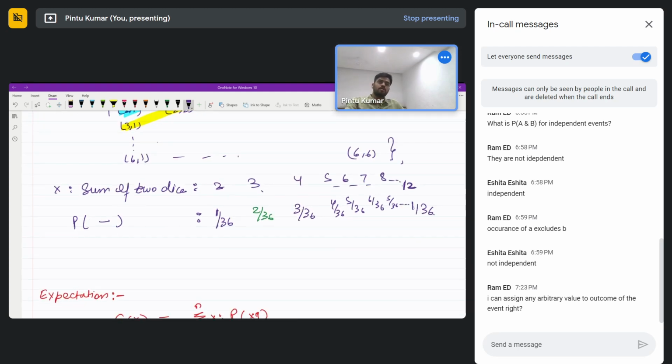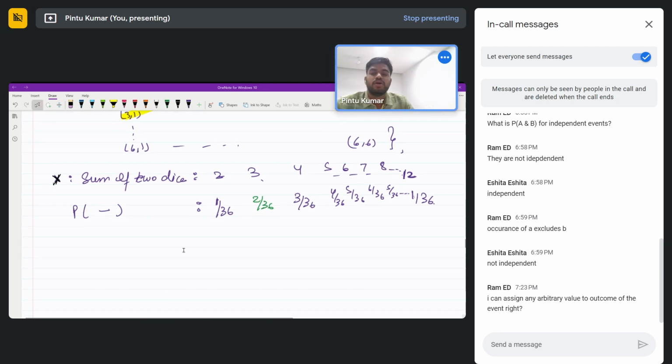Okay. So now if you have a random variable, then it can take two kinds of values. Either the values that it takes are discrete. In the last two examples that we did, the values that we obtained were discrete. What is discrete?